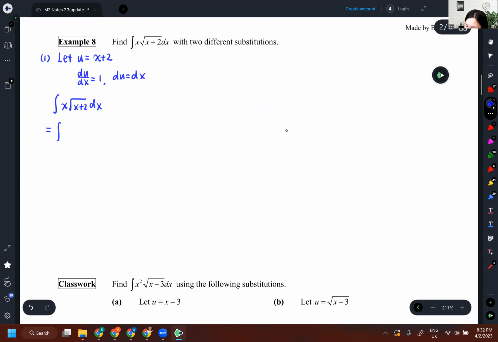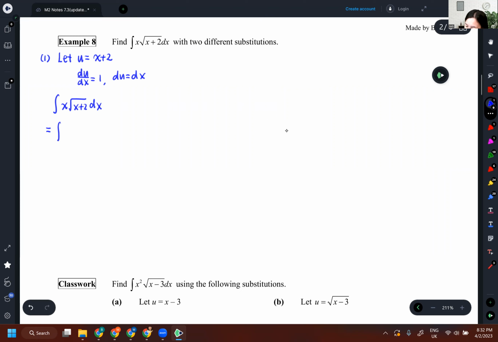Now this part is this, and this and this. And this is u^(3/2) minus 2 u^(1/2) du. Now sometimes I put a bracket, but sometimes I do not even put a bracket, but you know, there's a bracket.